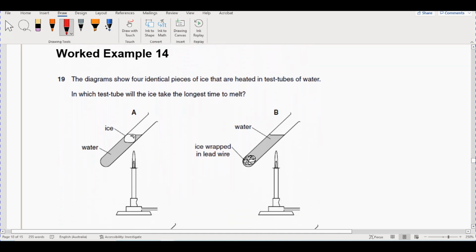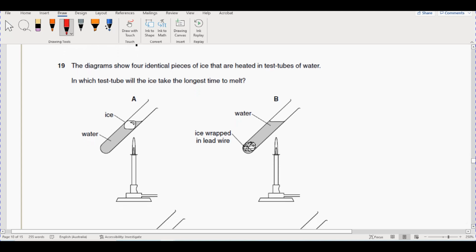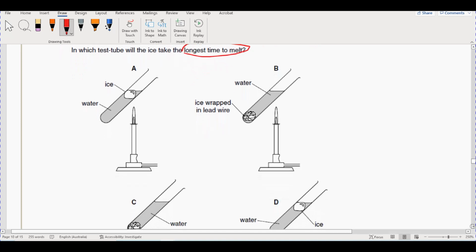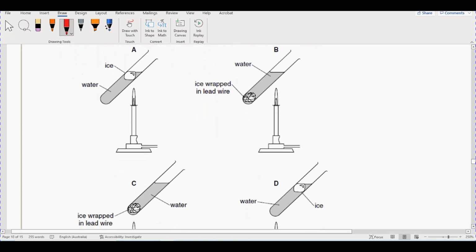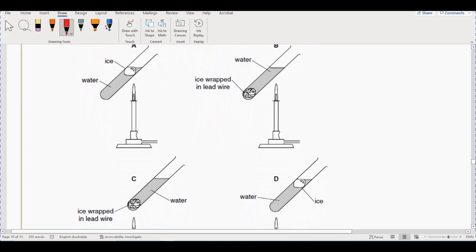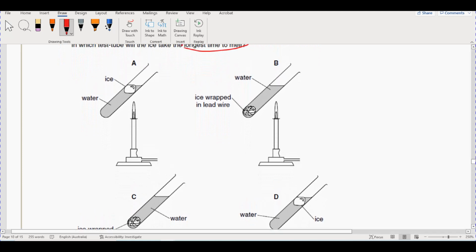Okay, example 14, you might take some time to think about this. In which test tube will the ice take the longest time to melt? Take the longest time to melt. Most difficult to melt, that means.